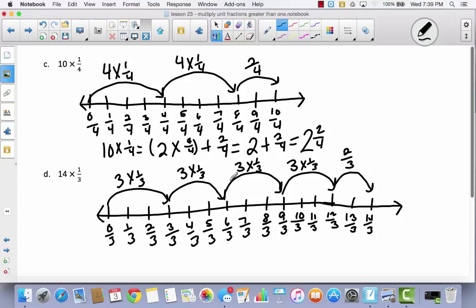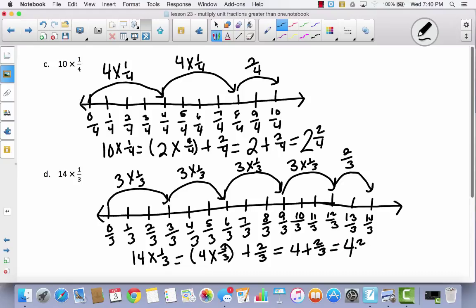So I've got 3 thirds 4 times. So 14 times 1/3 is the same thing as 4 times 3 thirds plus this 2 thirds on the end. So 4 times 3 thirds is the same thing as 4 times 1 whole, which is 4, plus 2 thirds equals 4 and 2 thirds.